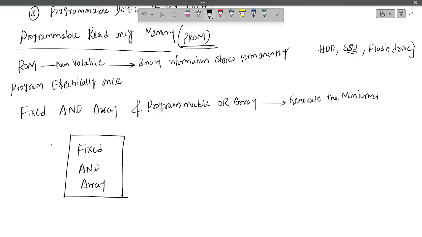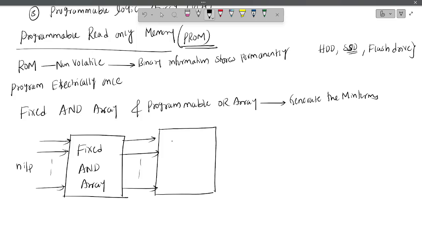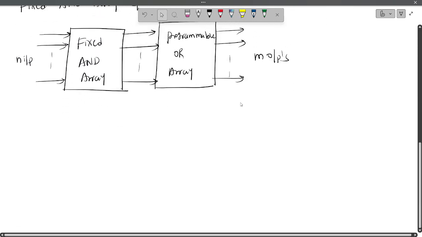You have n inputs, and next the programmable OR array, with m outputs.